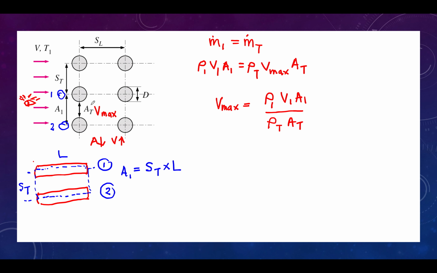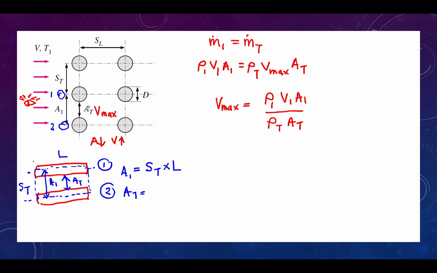Now we want to find area 2, which is AT. Previously, we already calculated area 1. To find AT, we have the length of the tube and then times ST.